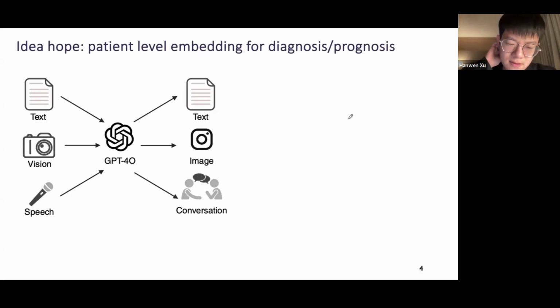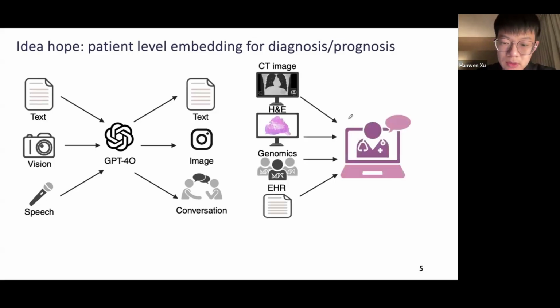So this got us thinking, what if we simply take the idea of the GPT-4 model and apply it to the healthcare domain? Can we build a multi-modal foundation model in the medical domain that can take different kinds of input like CT images, histopathology images, genomic information, and clinical notes?